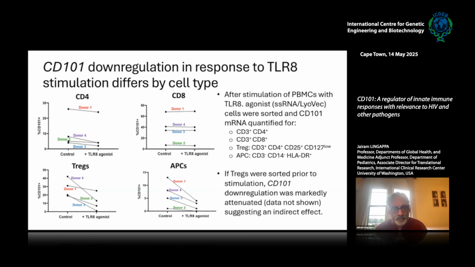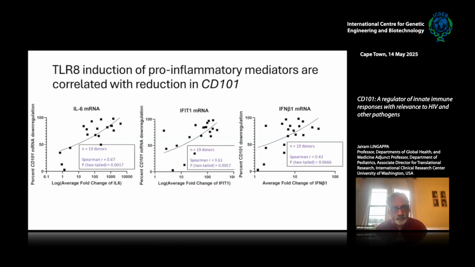Interestingly, if the regulatory T cells were sorted away from the other cells in PBMCs prior to stimulation, you lost that effect. So it's quite likely that the regulatory T cells are not directly responding to TLR8 stimulation, but are responding to something else from some other cell type. So it's an indirect effect with regulatory T cells.